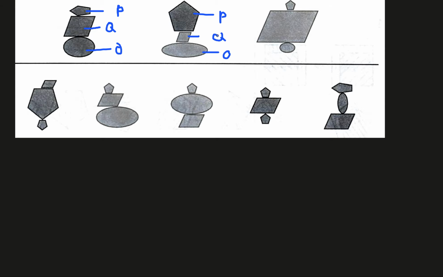So if you see, not only are the 3 figures the same, the sequence from top to bottom is the same. Don't mind the shapes right now, but the sequence is the same. So we really have to find 3 figures, pentagon, quadrilateral, and oval, in that sequence from top to bottom.